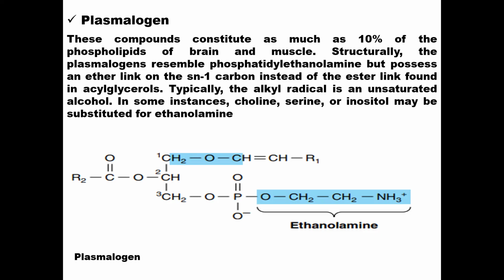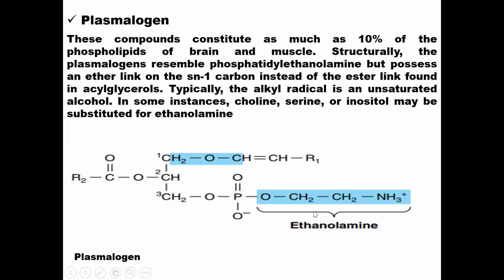So plasmalogens have an ether link instead of the ester linkage. If you look at the structure here, typically it has an alkyl radical in an unsaturated alcohol. In some instances, you can have choline, serine, or inositol substituted for ethanolamine.